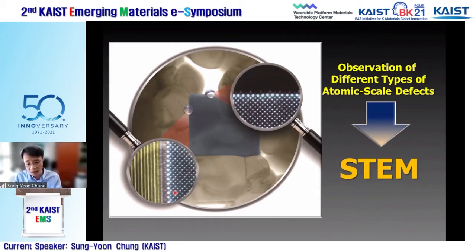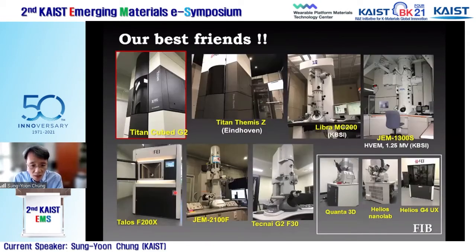So I think STEM observation is essential to study oxide materials. We have been using more than 5 different TEMs, including the major Titan at KAIST. This is the major TEM facility.